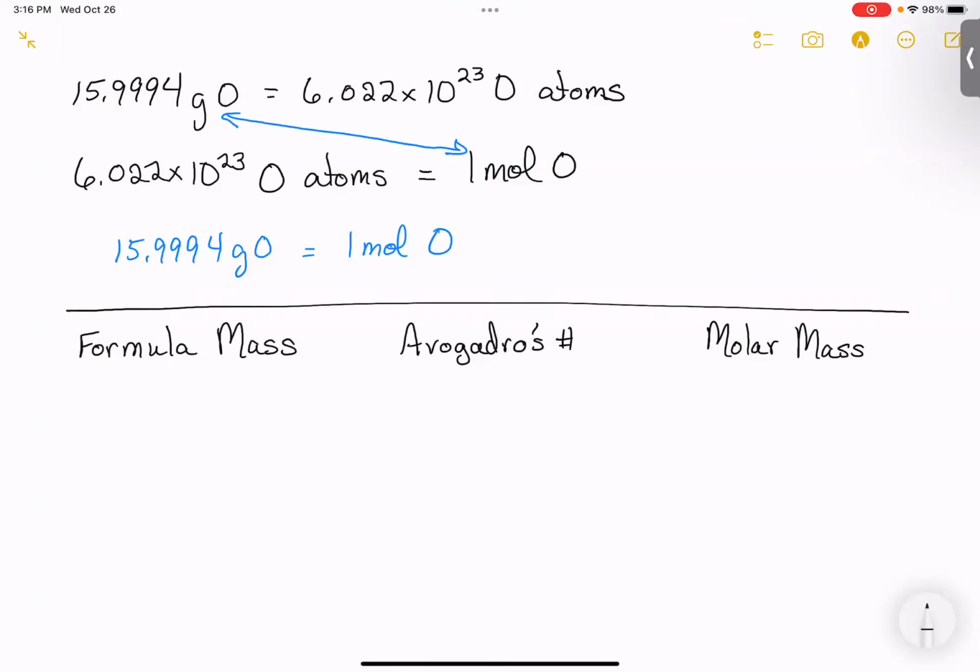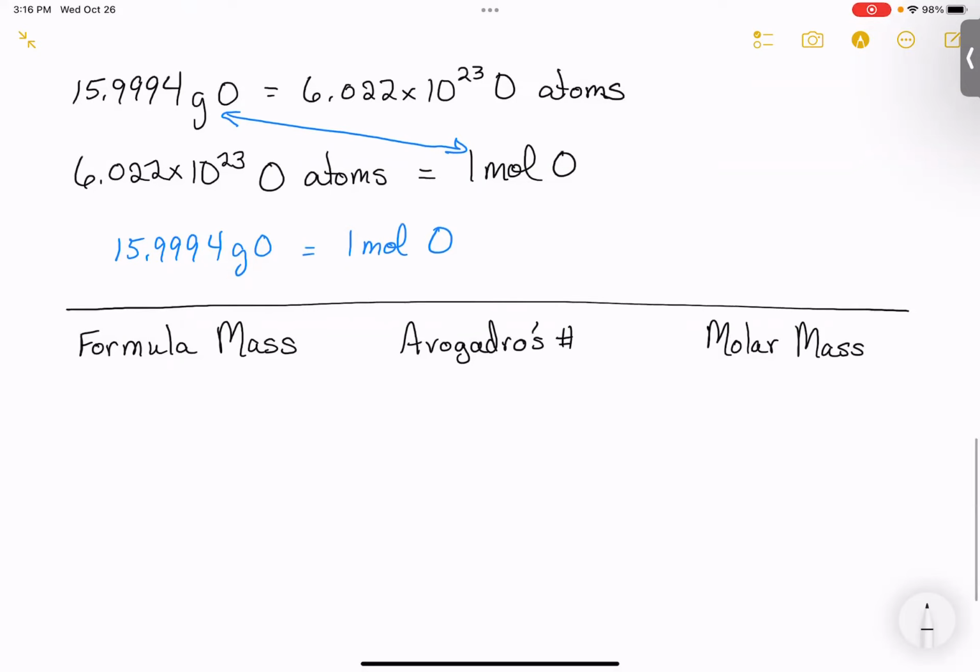Let's take magnesium. For 1 atom of magnesium, it has a mass of 24.305 AMU. We know that because that is what's on the periodic table.